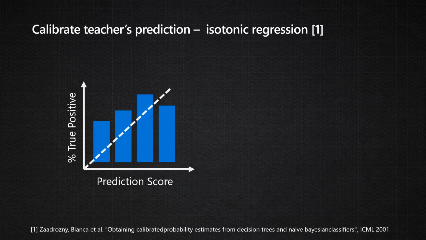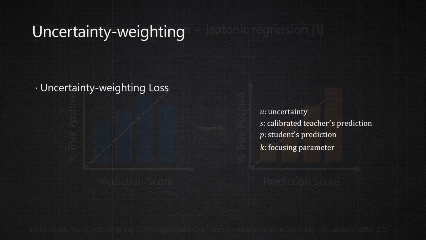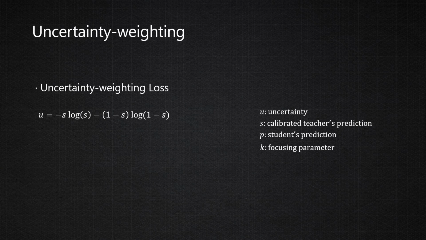We first calibrate the pseudo-labels so that the probability associated with the predicted label reflects its ground truth correctness likelihood. We use the entropy of the calibrated score as a measure of uncertainty. This uncertainty is then used to weight the pseudo-labels during training of the student.